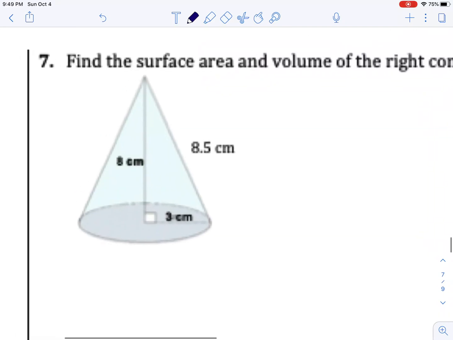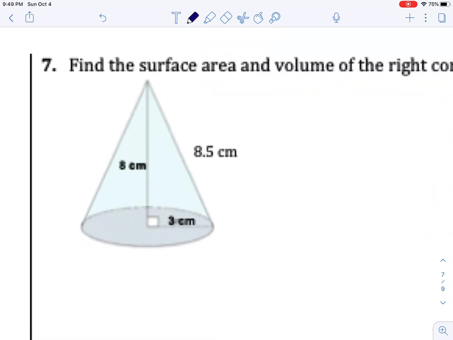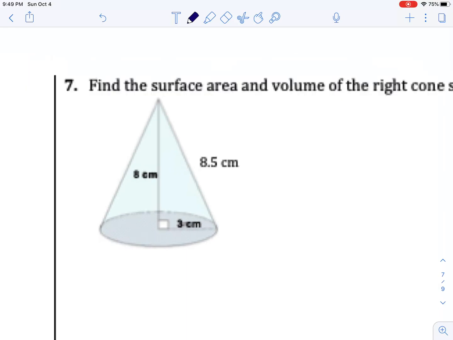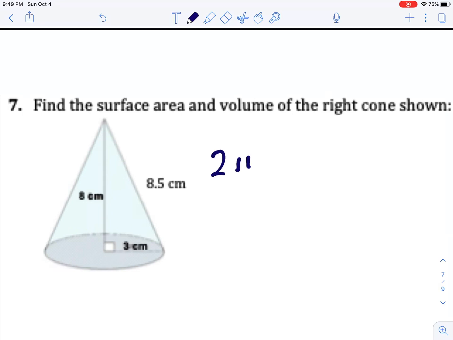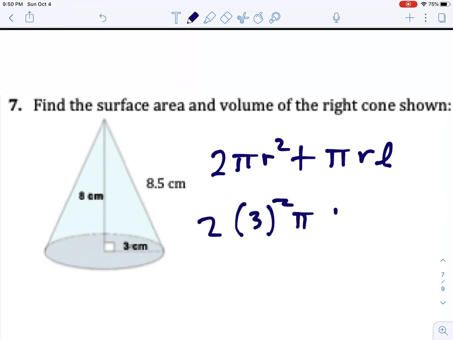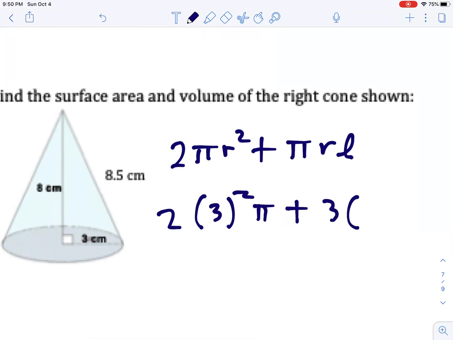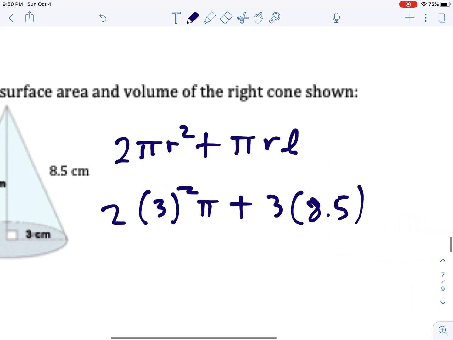Now go to our lovely cone. To find the surface area of the cone, we have to do pi r squared plus pi r L, which is that slant height. All right, the radius is 3, slant height is 8.5, so we'll go 3 squared times pi plus 3 times L, slant height, times pi.